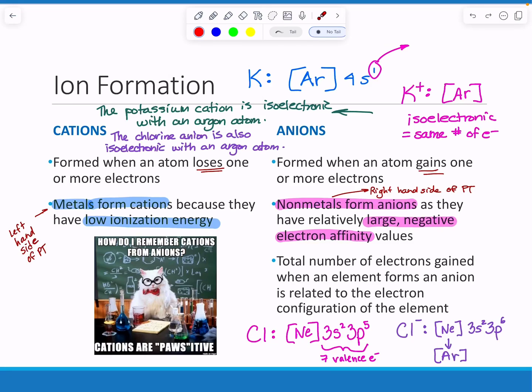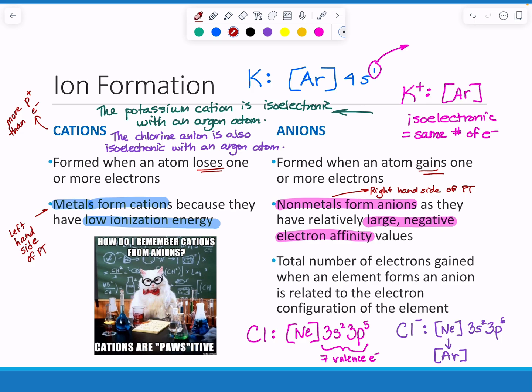Okay, so this video is going to cover the last little bit of chapter 4 and finish our discussion of atoms forming ions by either losing electrons, as in the case of cations, or gaining electrons, as in the case of anions. So to remind you, we have a cation when our atom is positively charged, which indicates we have more protons than electrons in our atom.